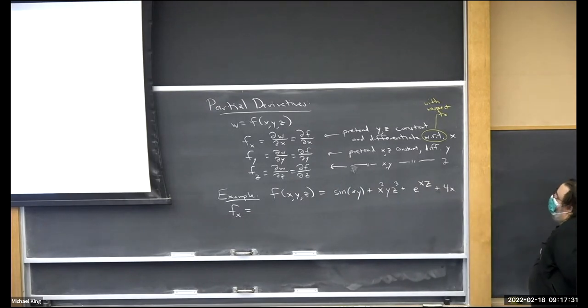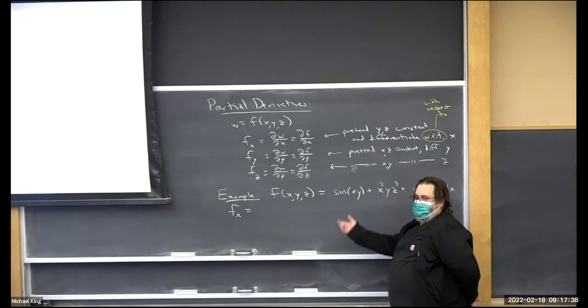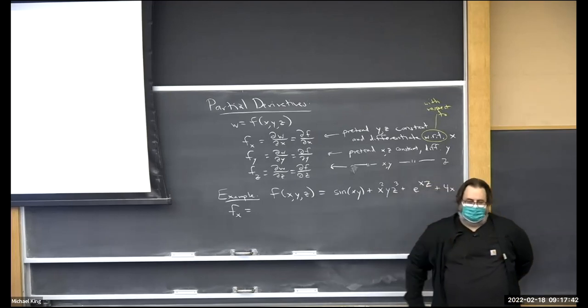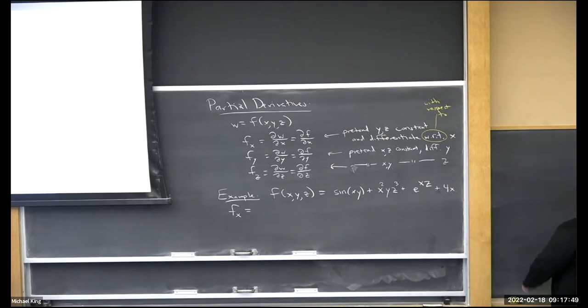Right? So partial x. Let's look at the first term. I have sine of x times a constant. So sine of constant times x. You guys remember how to differentiate sine of a constant times x? Like, what's the derivative of sine of 5x? 5 cosine 5x.